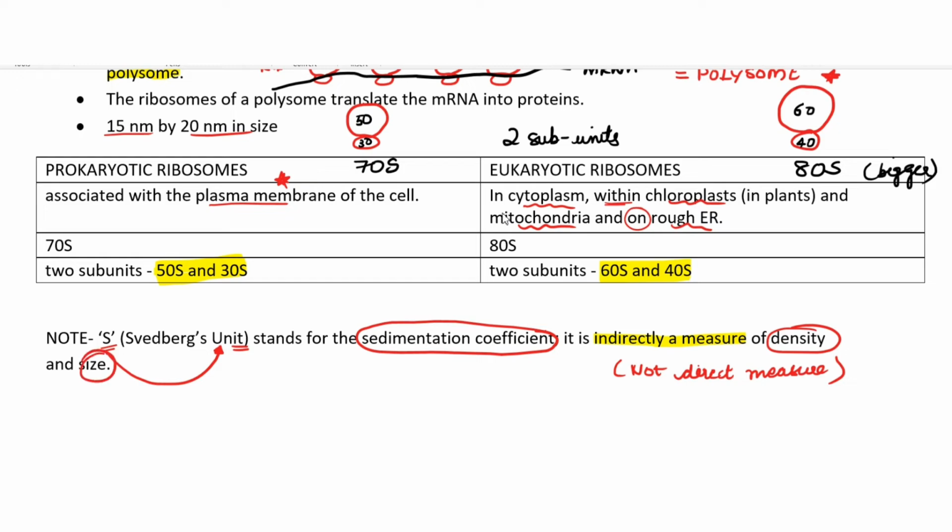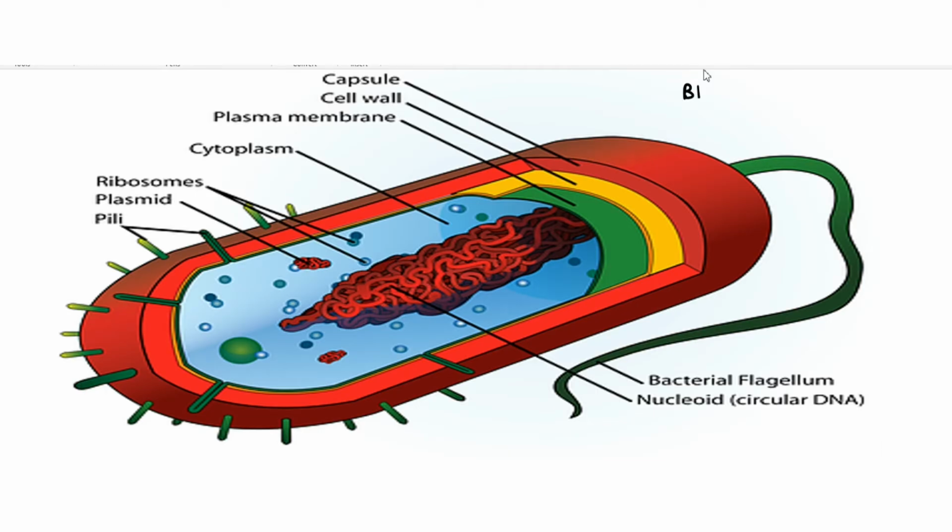Okay. Now let's look at a prokaryotic cell, a bacterial cell, and try to recollect the components of the cell. Just by looking at the cell, we have the outermost glycocalyx, the capsule. Capsule is thick and tough. Next comes the cell wall, next is the plasma membrane, and these three layers together comprise a single protective unit known as the cell envelope.